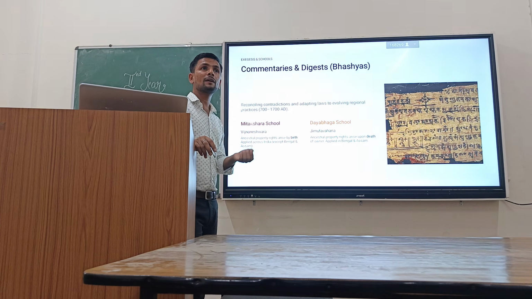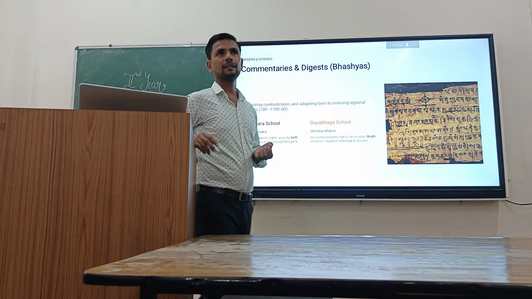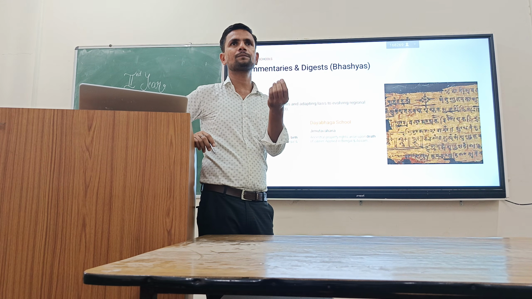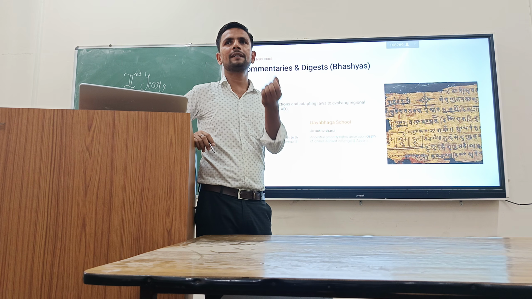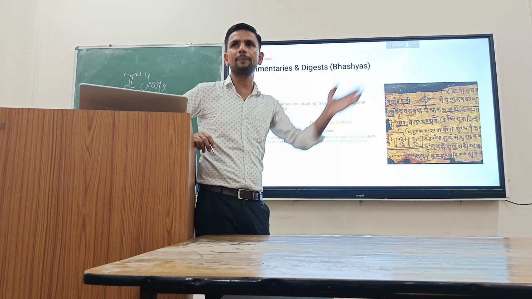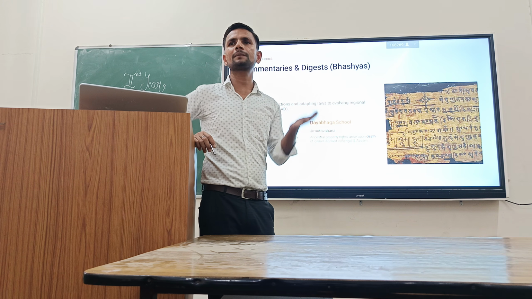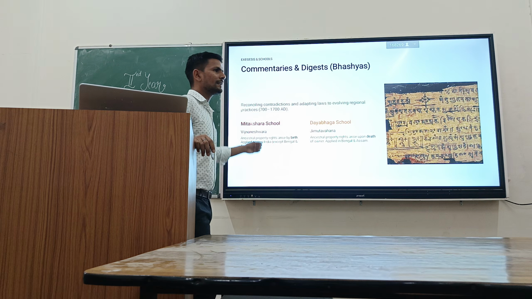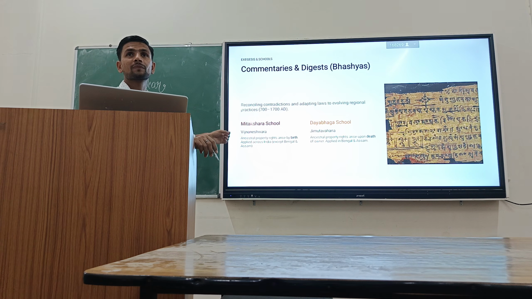By birth only, the property right arises. If a particular child was born in a family and then after that was separated due to any circumstances, then also by birth only the right to the property goes into the hand of that child.